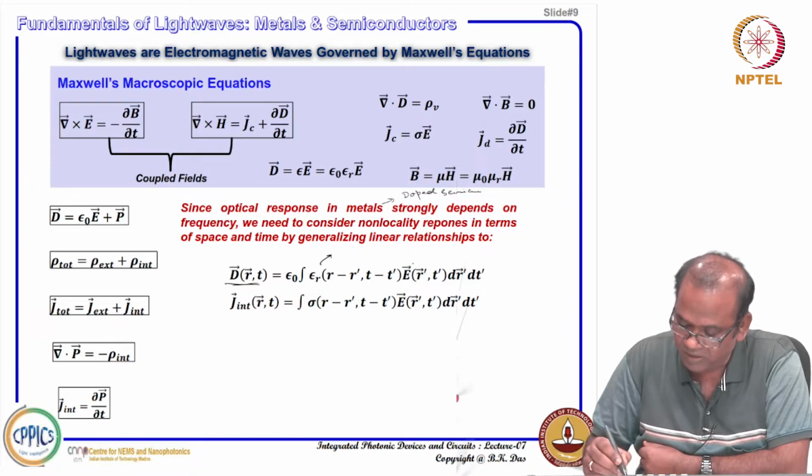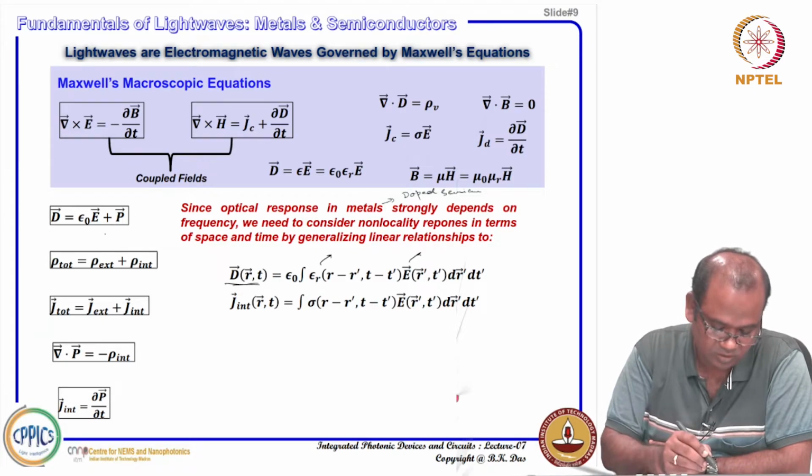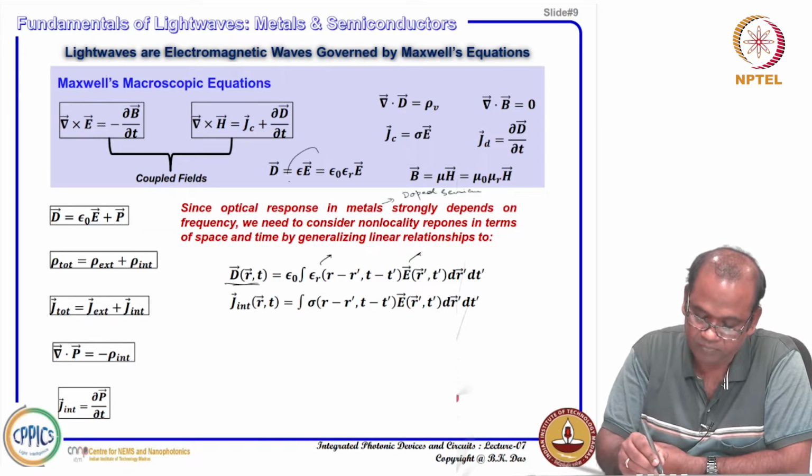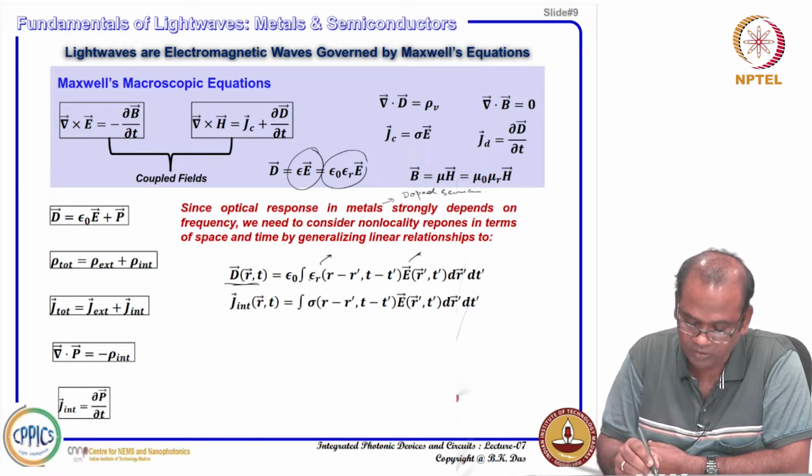Normally this is epsilon multiplied by E, where epsilon is epsilon 0 epsilon r. But now we have to integrate. Suppose I want to find the displacement vector at position r and instant time t. Then I have to consider all other position vectors, r minus r prime, and also r prime, t prime.